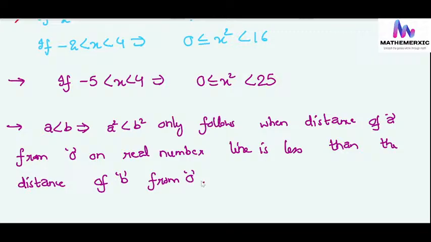So let us say a is a negative number, say -4, and it is 3 for b. Then obviously it will not be applicable in that case because the distance is more, right? Whenever the distance of a is less, then only it will follow.